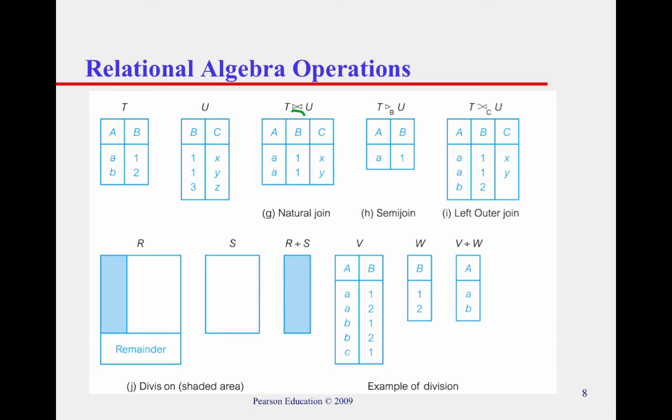A simple join is an equality join. So a simple join is actually a join that just involves equality testing. It's a join on the common set of columns.